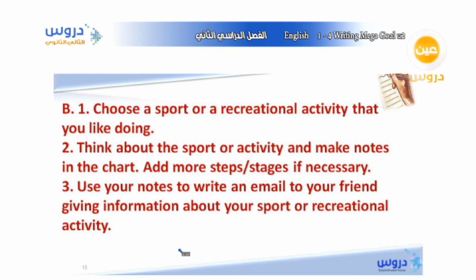Number 2, think about the sport or activity and make notes in the chart. Add more steps, stages if necessary. Number 3, use your notes to write an email. Here, in terms of writing to your friend, giving information about how sport or recreational activity.